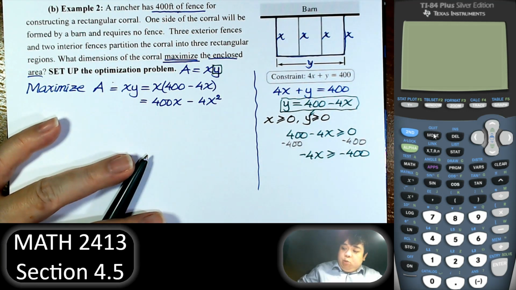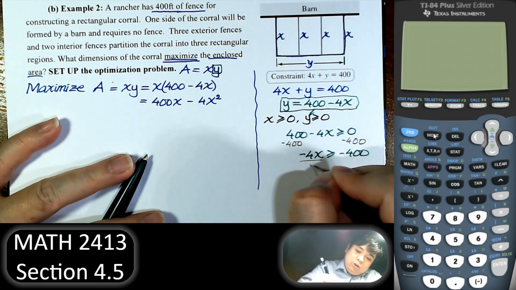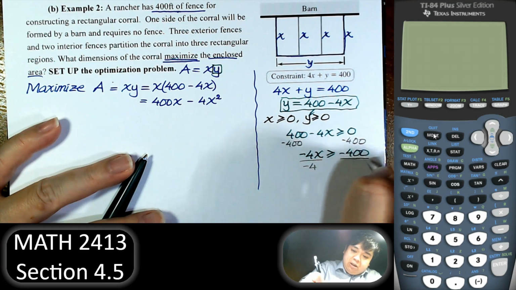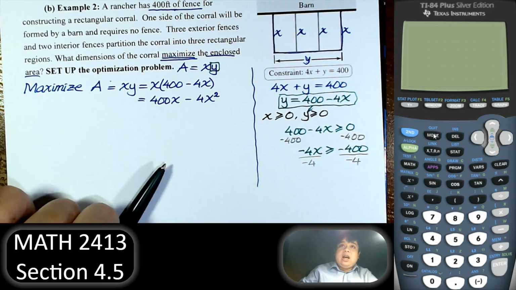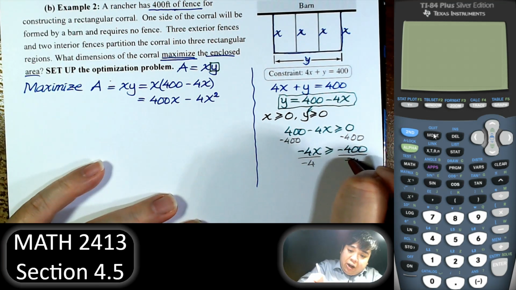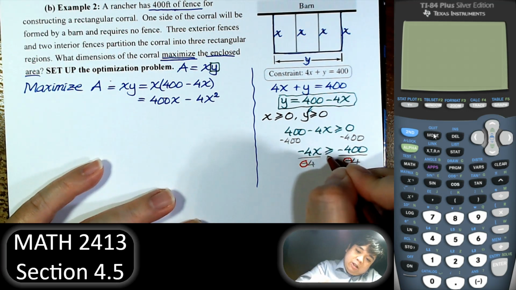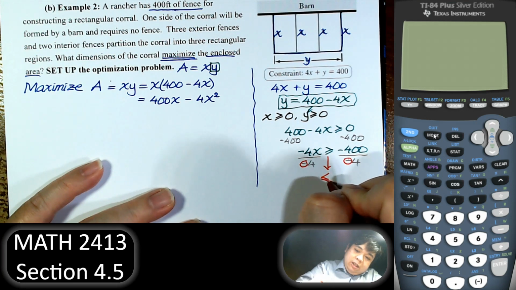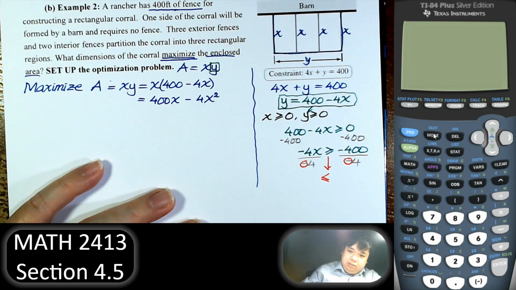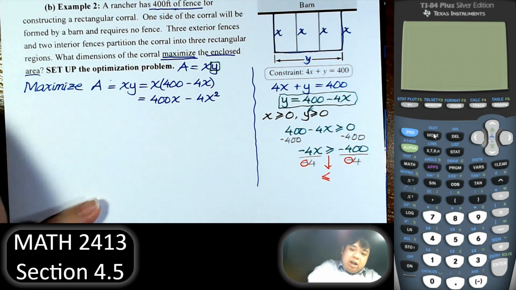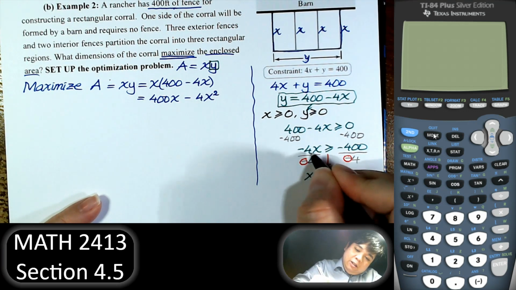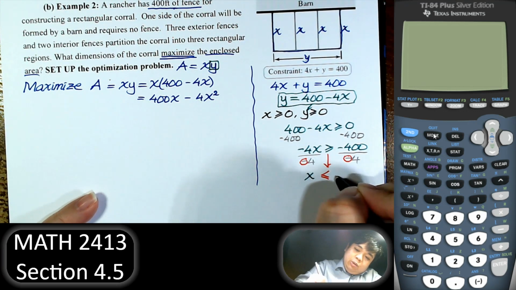Now, if we divide by negative 4 on both sides to get x by itself, notice that if we divide by a negative number, we have to reverse the inequality. That gives us x less than or equal to 100.